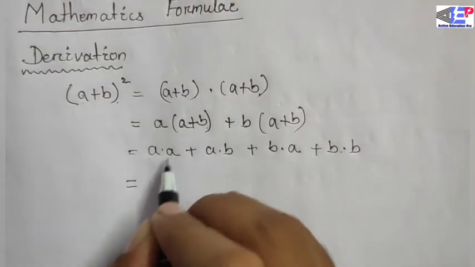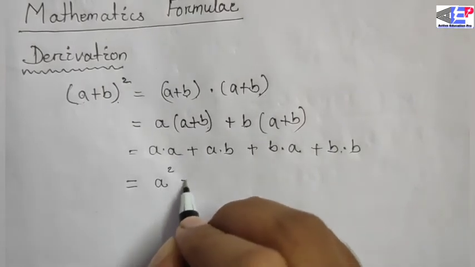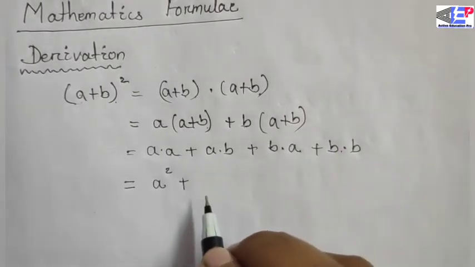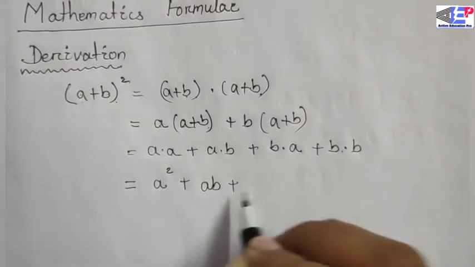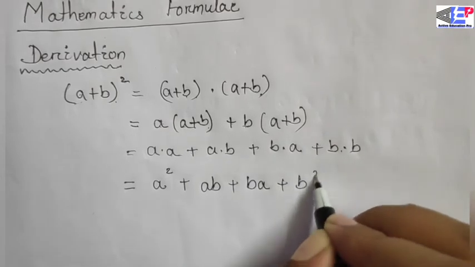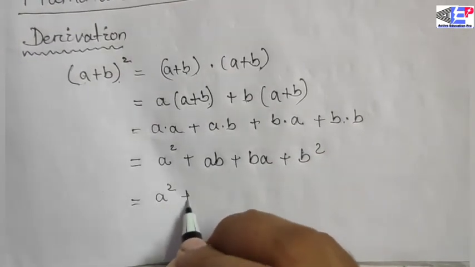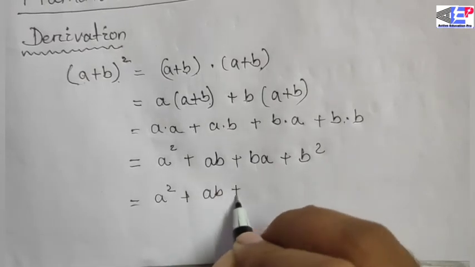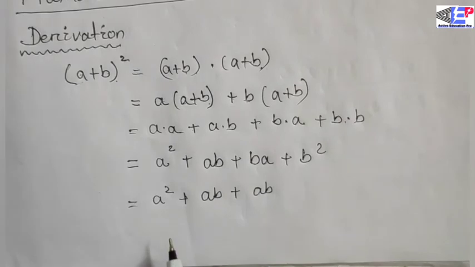And then a into a, multiplied 2 times, that's why it is a square, plus a into b. Both are different variables, a and b, so it remains ab, plus b into a, ba, plus b into b, b square. Then a square plus ab, we can write ba as ab because we know ab is equal to ba as per the commutative rule.